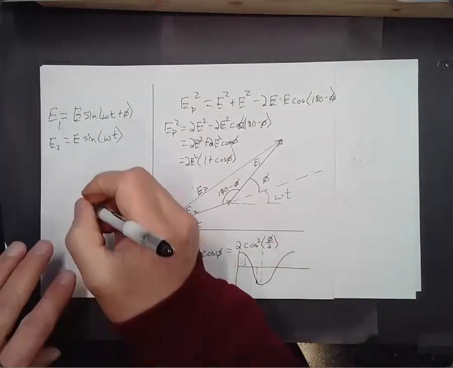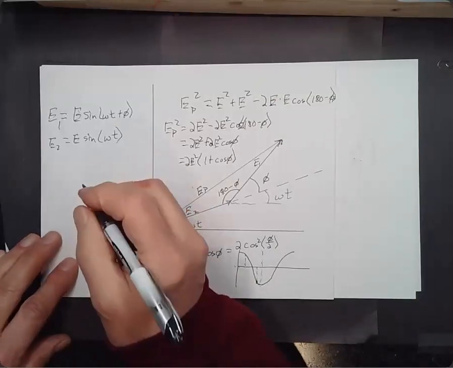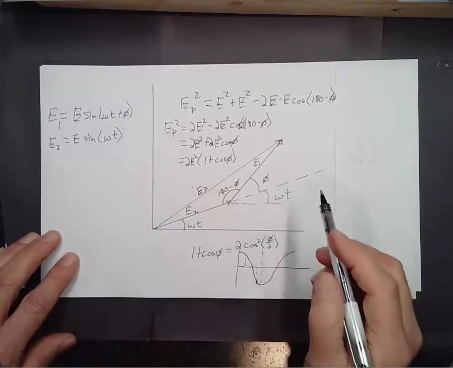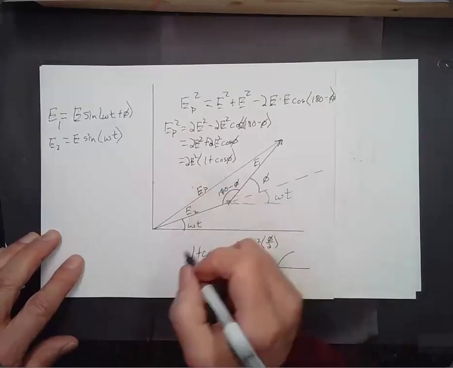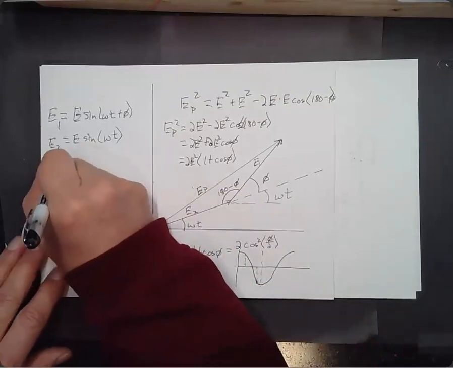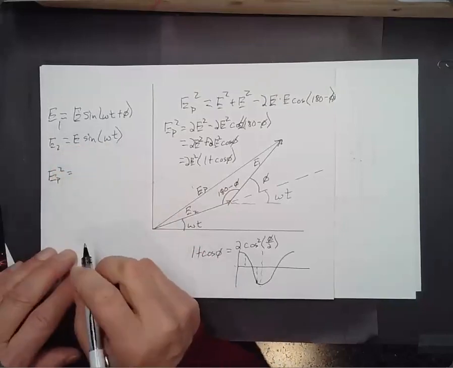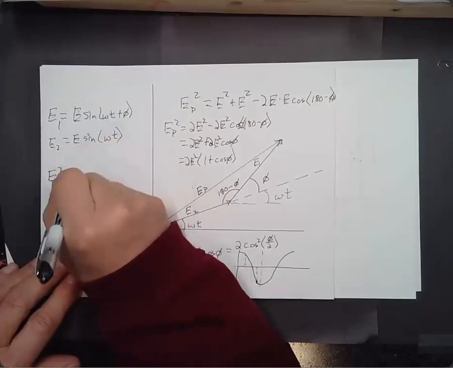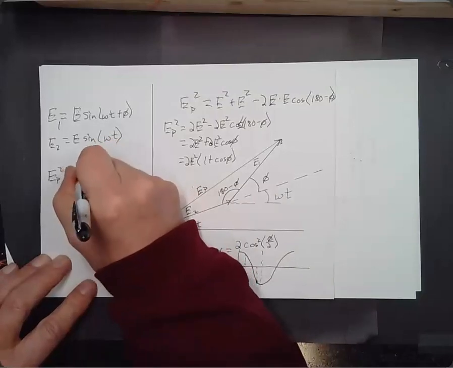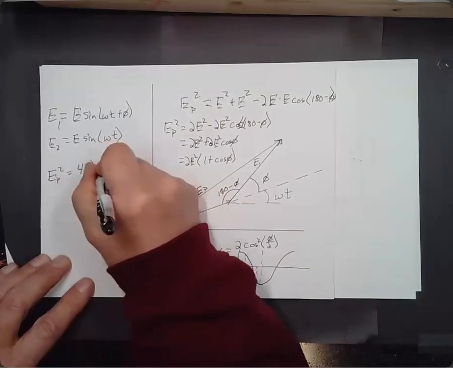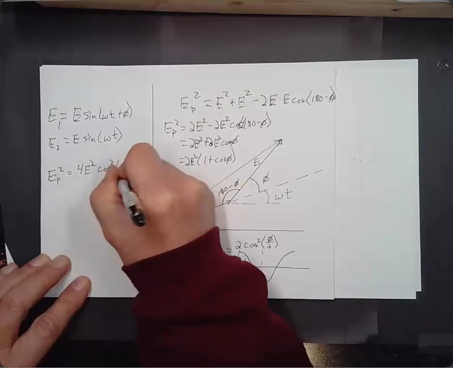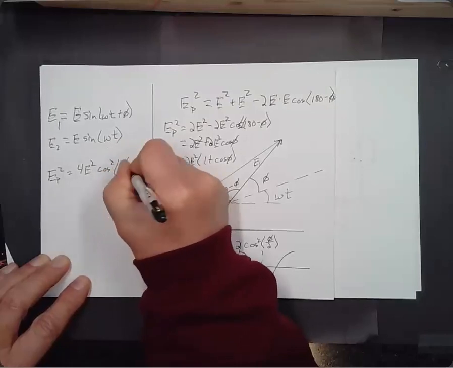So what we get for this product here is that e sub p squared ends up equaling, let's see, we get another 2 out of there. It's 4e squared cosine squared of phi over 2.